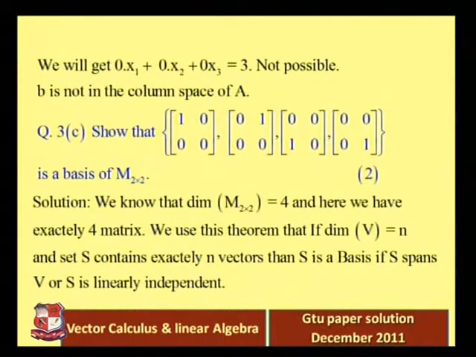That this set spans the set of 2 by 2 matrices is automatically proved; we don't need to prove that. Once we prove linear independence, the set is a basis of the set of 2 by 2 matrices. We use a determinant, so we now have a 4 by 4 determinant.